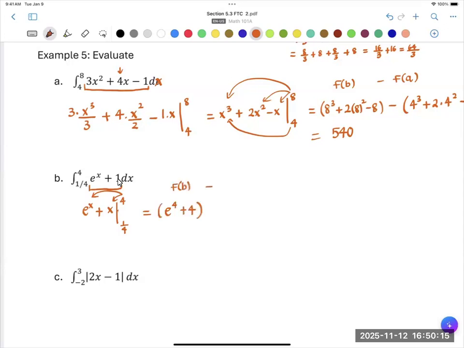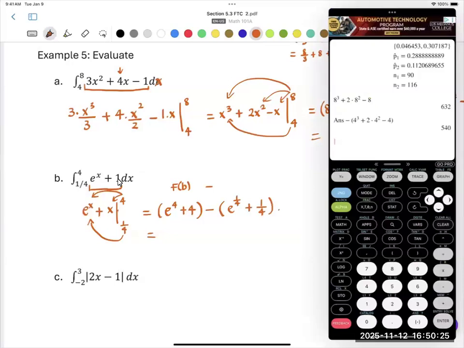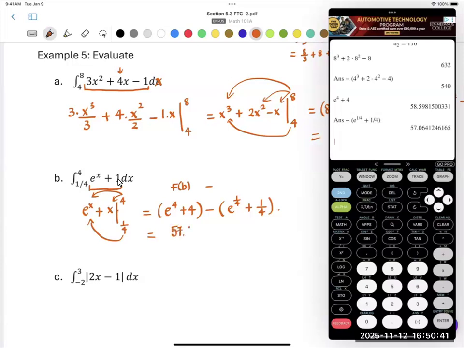And then minus e to the power 1/4 plus 1/4. Okay, if you want to approximate, you can approximate this: e to the power 4 plus 4, and then minus e to the power 1/4 plus 1/4. And that will be 57.06.